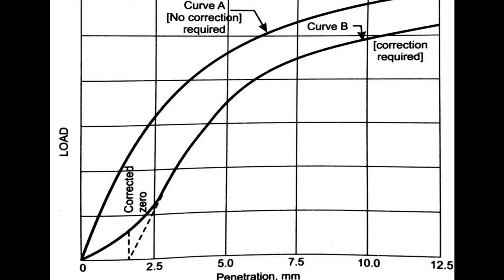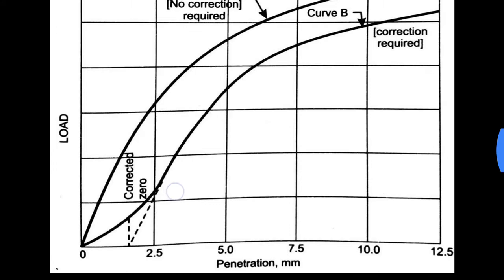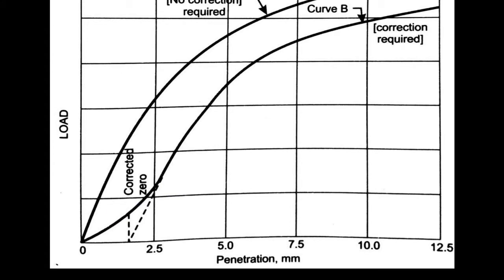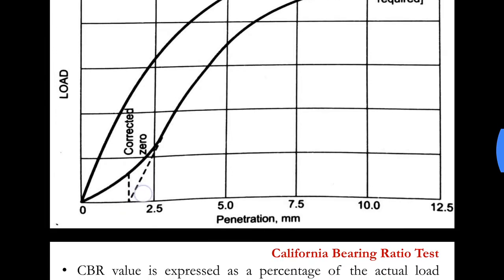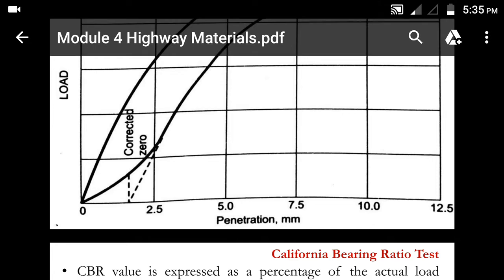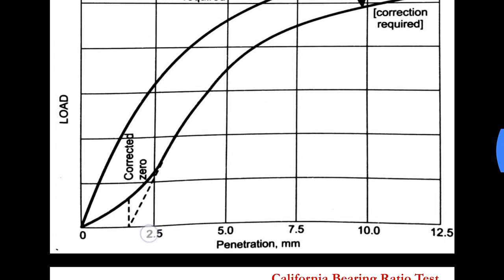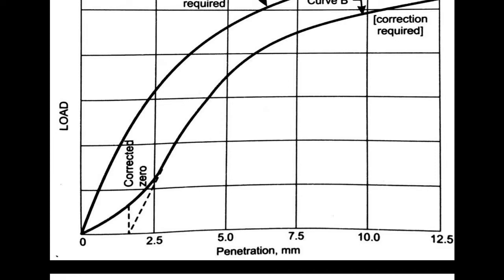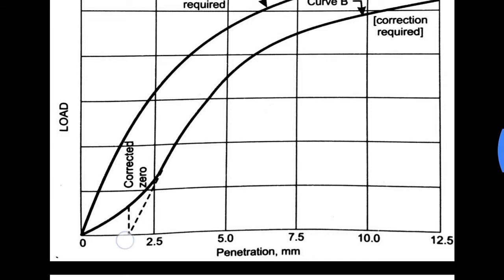So what we do is, from the point at which the convex shape is changing into a concave shape, we extend a line which is shown as a dotted line over here. This will cut the x-axis at this point. Now instead of the 0 starting from here, our 0 for the new curve will start from this point.